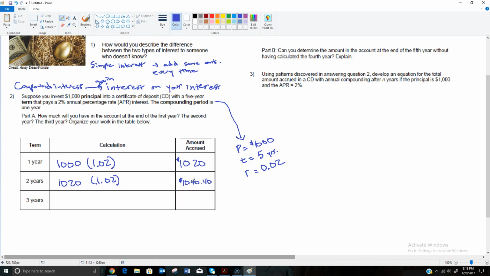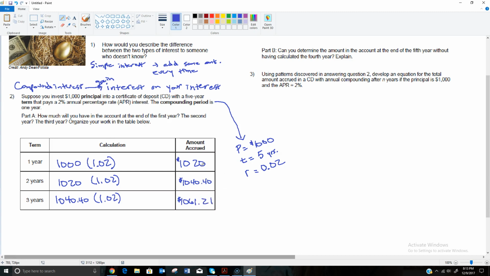Same thing here. Now we're not going to just gain interest on $1,000. We're going to gain interest on $1,040.40. So 1040.40, and take that times 1.02. So 1040.4 times 1.02, and we get $1,061.21.